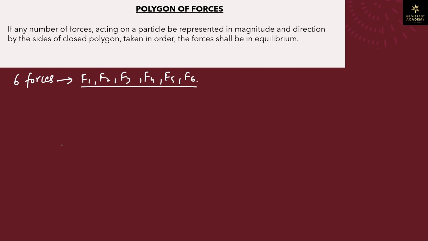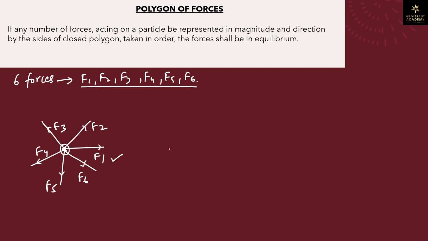Let us assume the directions: F1 in this particular direction, this is F2, this is F3, this is F4, this is F5, this is F6. This is our particle. If these forces are represented in magnitude and direction by the sides of a closed polygon taken in order, the forces shall be in equilibrium. Let us plot this.